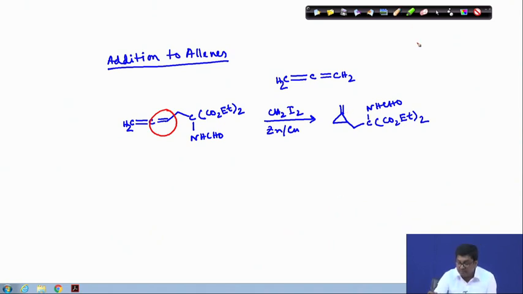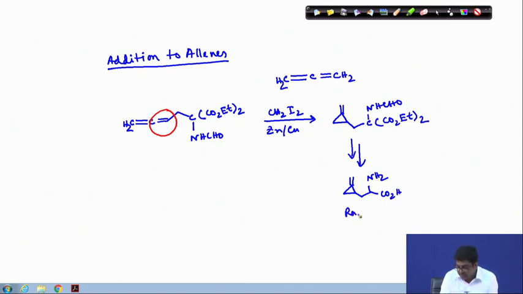Finally, this one has been converted into a natural product, that is hypoglycine A. I have shown previously also, this is a very important natural product. Okay.